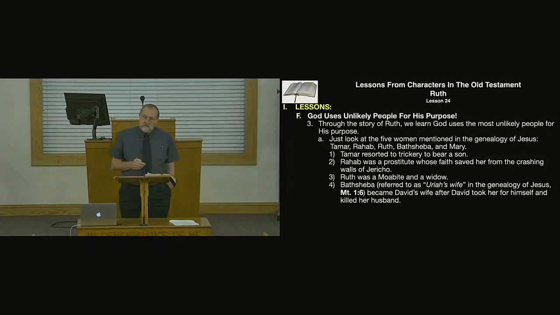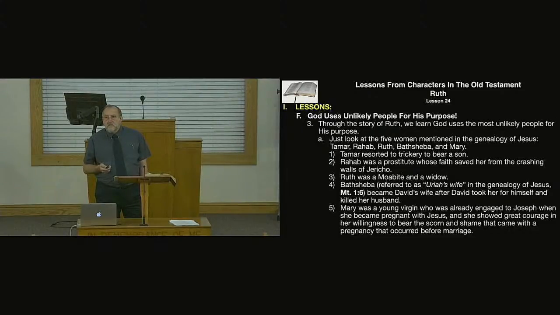Bathsheba, who is referred to as Uriah's wife in the genealogy of Jesus that Matthew records in verse 16 of chapter 1, she became David's wife after David took her for himself and killed her husband. And then there's Mary. Mary was a young virgin who was already engaged to Joseph when she became pregnant with Jesus.